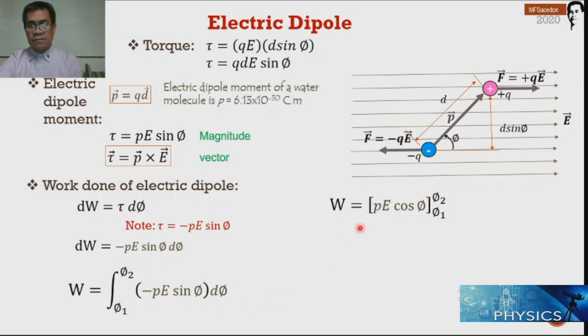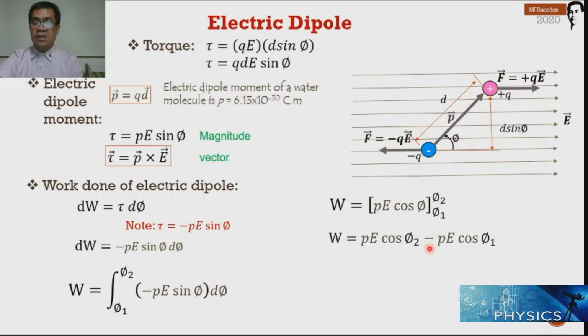Evaluating the integral, because P and E are constant, we can place them outside, bringing the negative outside also. The integral of sine P is a negative cosine, and the negative of the negative integral of sine P is positive. So after integrating, the work done is PE cosine angle P, with limits from angle P1 to angle P2.